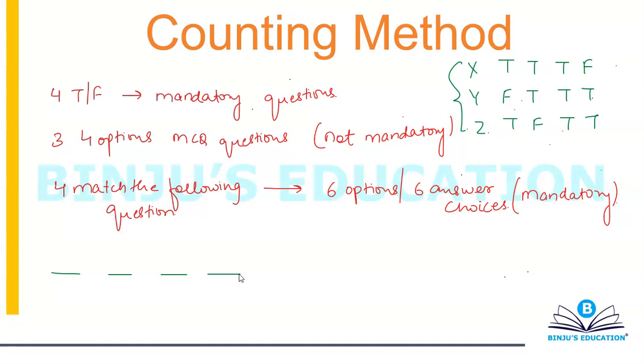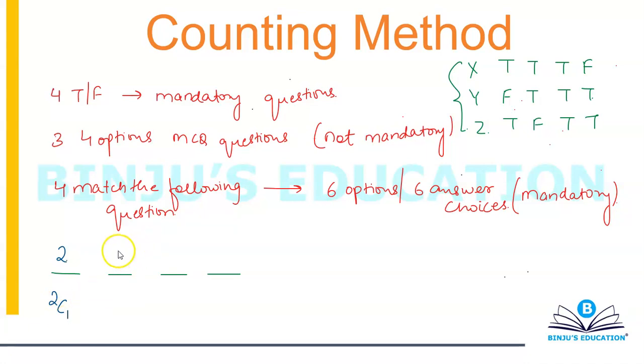So let's look at the questions individually. There are 2 ways of marking the first answer. You can either mark it as true or you can mark it as false, because the question is mandatory. You can't leave the question. Or if you think of this in the combination way, you can simply say 2C1. You have 2 answer choices, you need to select one, so that's 2C1.